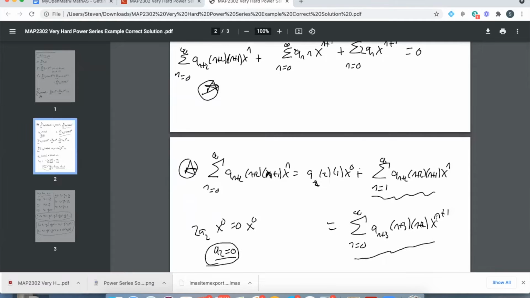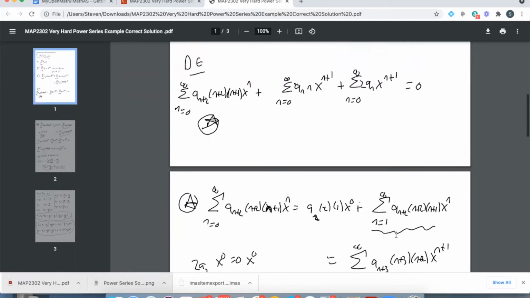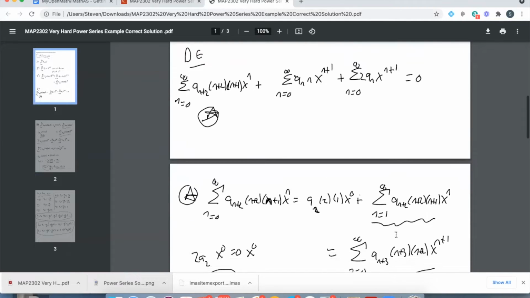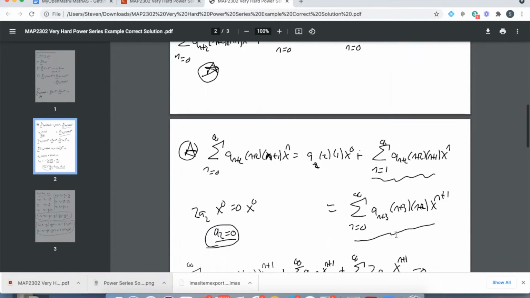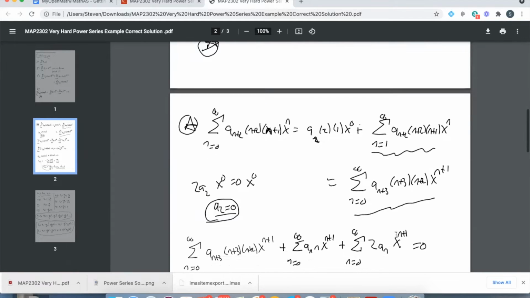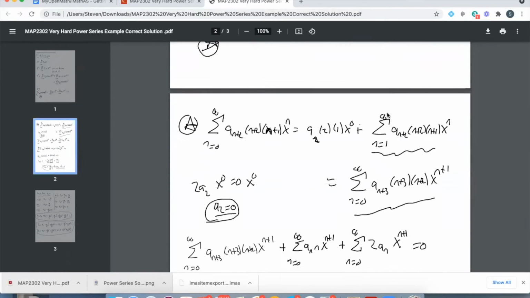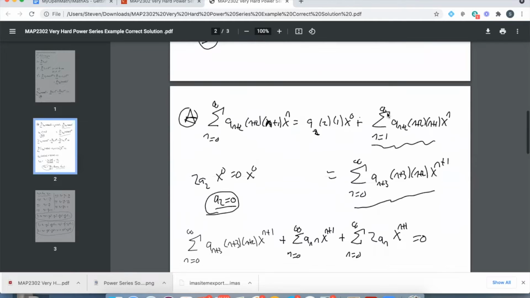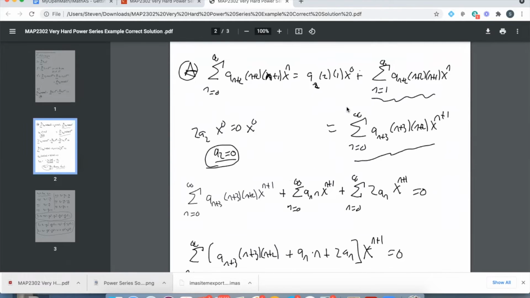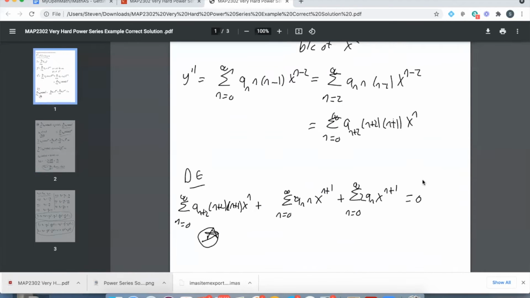And then I'm not doing anything with this guy. Okay, so this guy has an x to the 0. These two guys won't have an x to the 0. So really what I'm figuring out is the x to the 0 term. So this whole thing is supposed to equal 0.